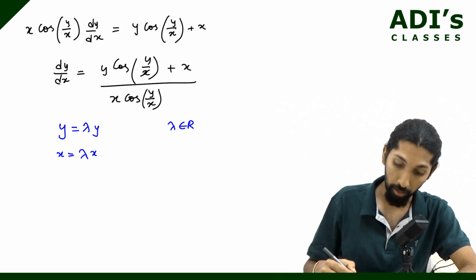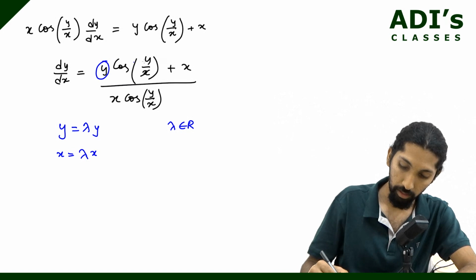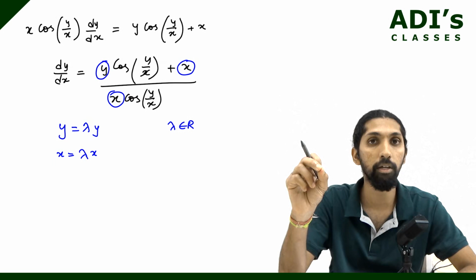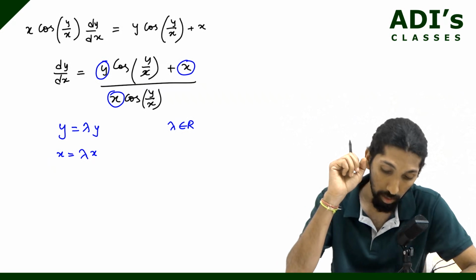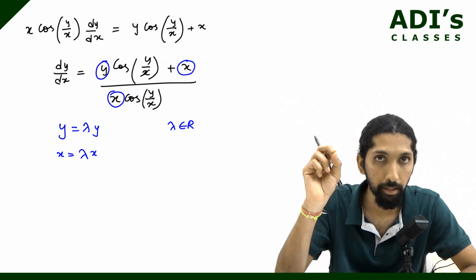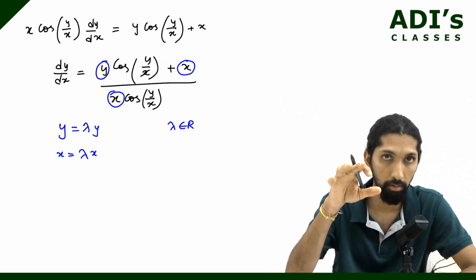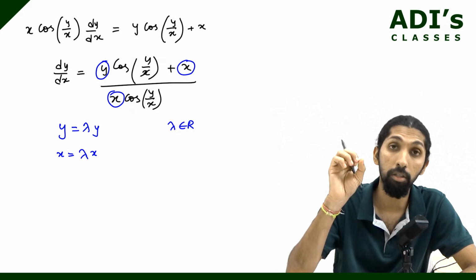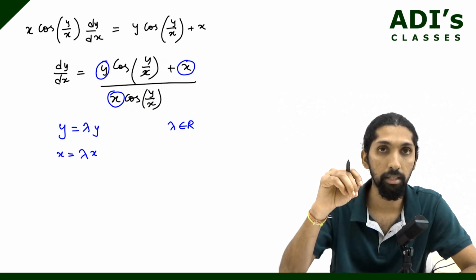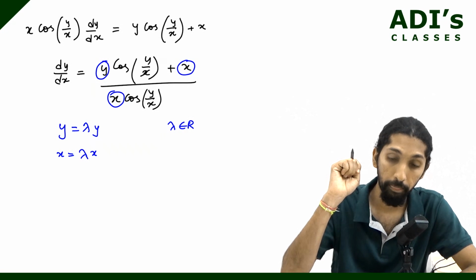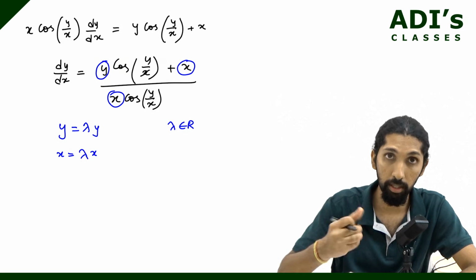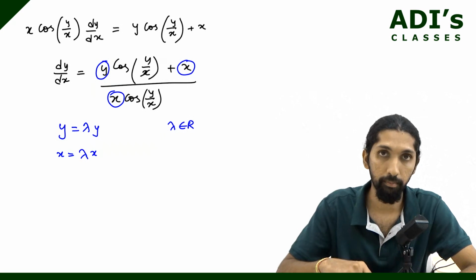Now if you substitute for y and x, not what is inside the cosine function, because cos of y by x is not an independent variable like the encircled ones. Those are all independent variables, whereas cos of y by x is a dependent one. So we can't use that substitution as lambda inside the function.